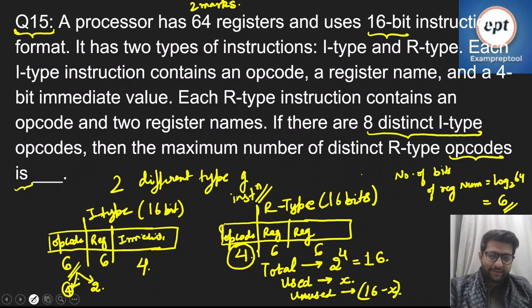So that means that 16 minus X values can be used for opcodes of I type, right? So this means that the maximum number of distinct opcodes for I type will be 16 minus X into 2 square, right?